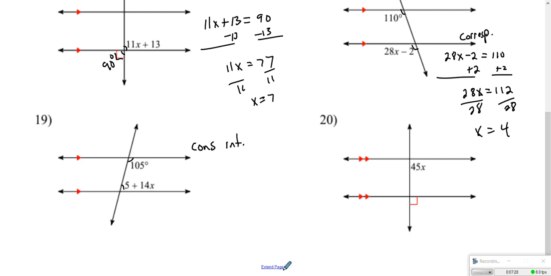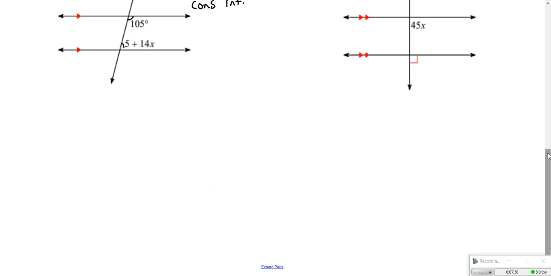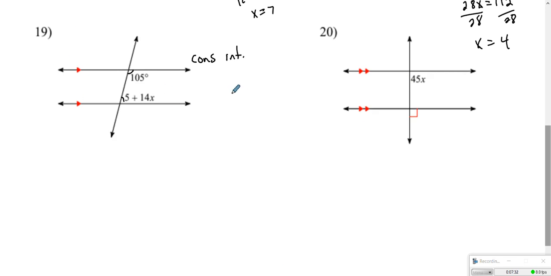Here we have some that are interior, same side of the transversal, so these are consecutive interior. Consecutive interior angles are supplementary if the lines are parallel, and they are, so 5 plus 14x and the 105 we're going to add together to make 180. Supplementary means I add them together. Combine my like terms, so I get 14x plus the 105 and the 5 together make 110.